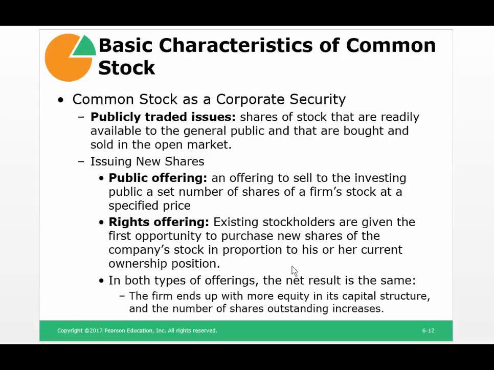Of course, if the company can't sell all the shares they want through this rights offering, the remaining shares may then be issued to the public. So in the end, the basic idea is the same. The company needs some money, and they're either going to get it all from old shareholders, or they're going to issue it to the public and get it from new shareholders.